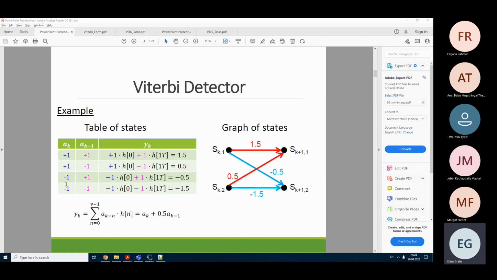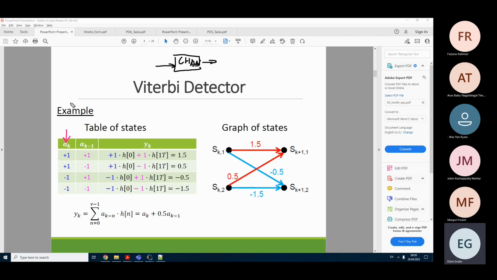So we are going to calculate all the possible transitions, as I said, considering that the currently transmitted symbol is AK and the previous symbol is AK minus 1, and the actual channel output symbol is YK. So this works like this. Consider we have this channel.